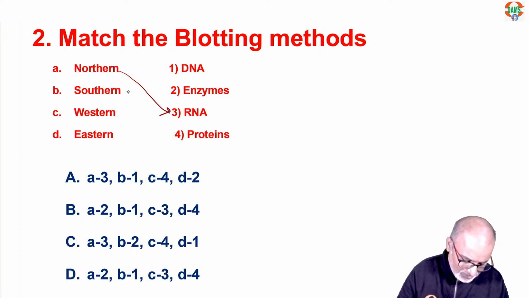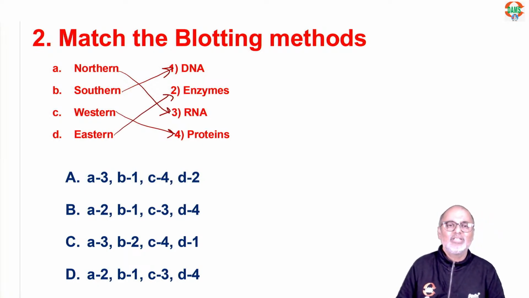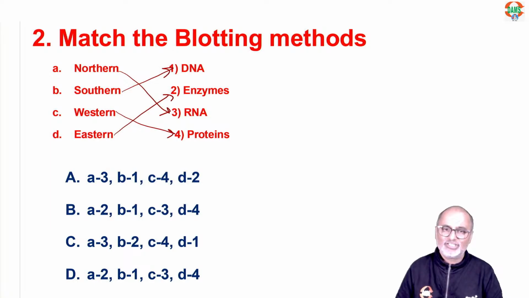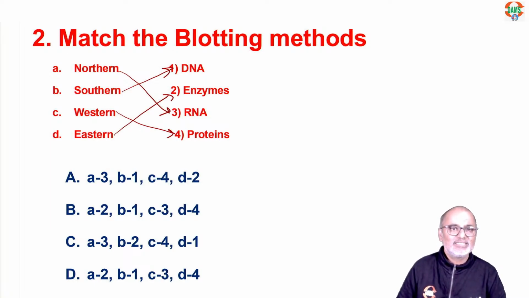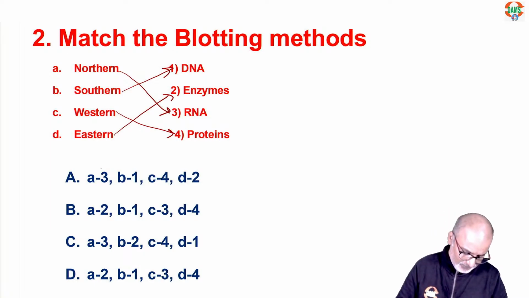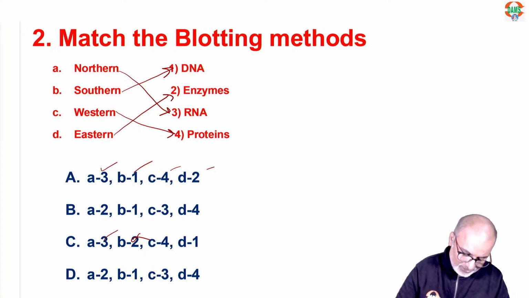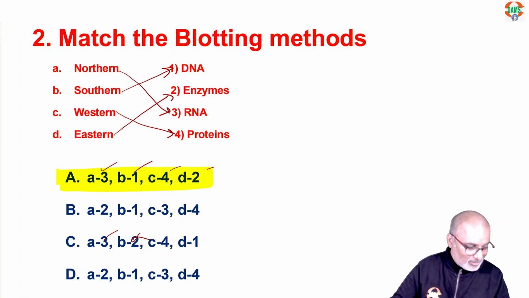South Indian people, dosa. Western people, pizza. What is missing? Eastern is enzyme. Even if you don't know Eastern's enzymes for post-translational proteins. So the answer is A is 3, B is 1, right? C is 4, D 1. This is the answer. This already we have taught you.